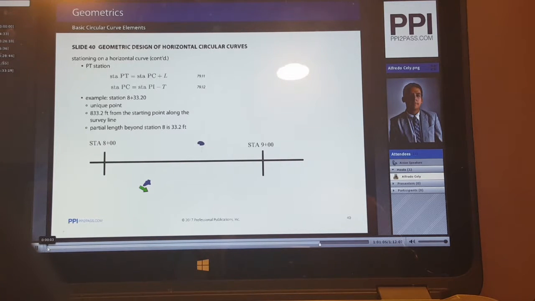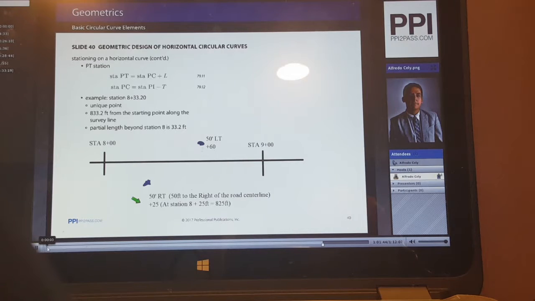That means you are at station 8 plus 25 feet, which equals 825 feet. This point here will be, let's say, 50 feet to the left and plus 60. So it's another way to simplify calling out different types of stationing objects.